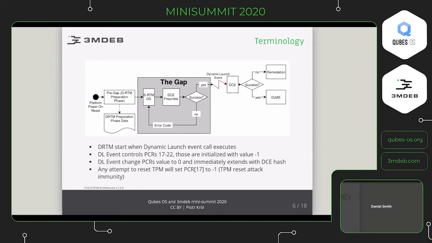On an Intel platform, it would be the STM, along with the SMI handler and the virtual SMI handlers that are implemented inside of it. And then it would be the ACM as well. Those are the only components produced by Intel or the manufacturer that would not be under your control. Everything else on an Intel platform would be under the owner's control.